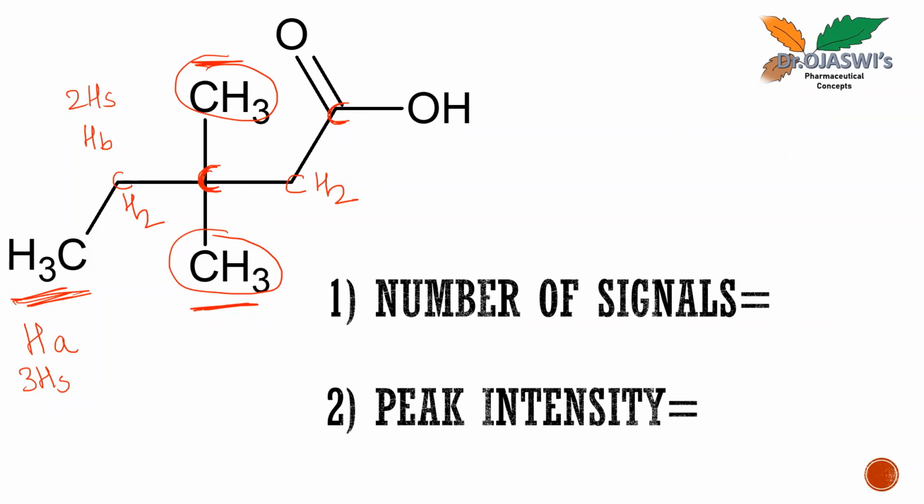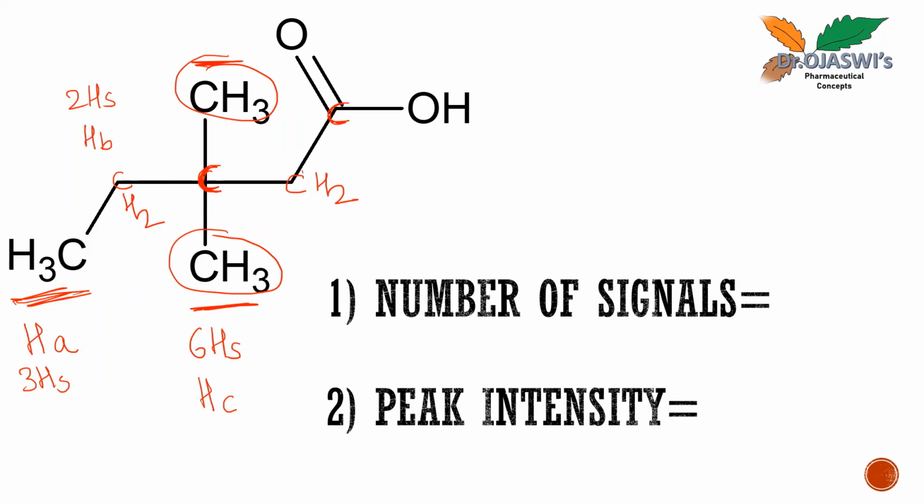Therefore, we can say that their neighborhood is the same, and thus these 6 hydrogens are present in the same chemical environment. And these all 6 hydrogens will give us a single peak, the same peak.